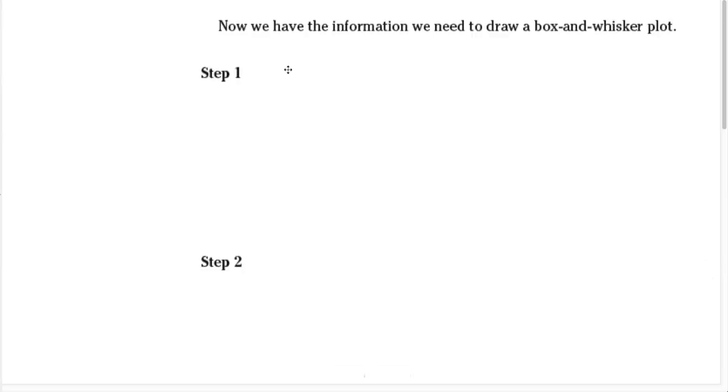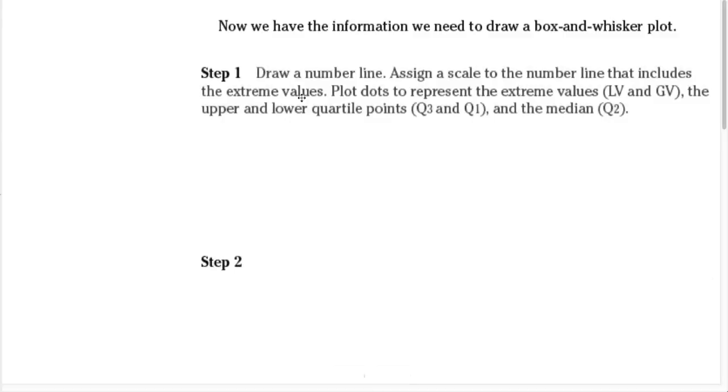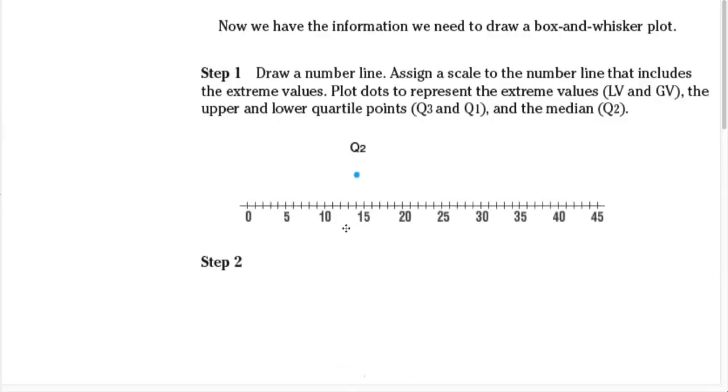Step number 1, to draw a box and whisker plot, draw a number line. Assign a scale to the number line that includes the extreme values. Plot dots to represent the extreme values LV and GV, the upper and lower quartile points, Q3 and Q1, and the median. So this is our number line, and after creating it, we plot the dots to represent the extreme values LV and GV.